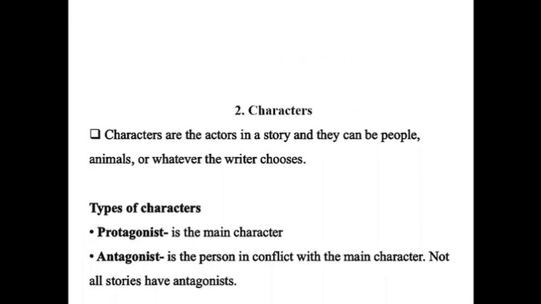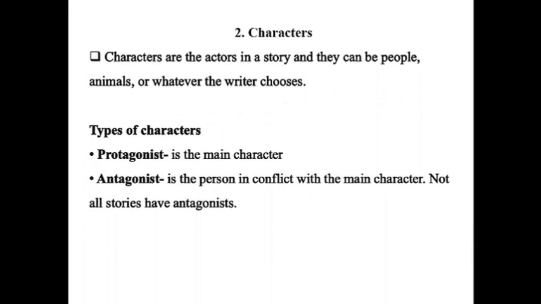Now, the second element of a short story is characters. Characters are the main elements of a short story because if there is no character, then the story is incomplete. So the characters are the actors in the story, and they can be people, animals, and whatever the writer chooses.